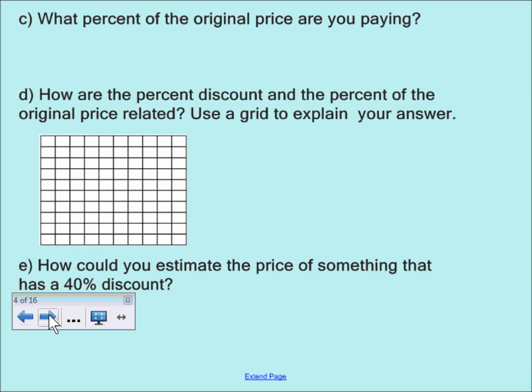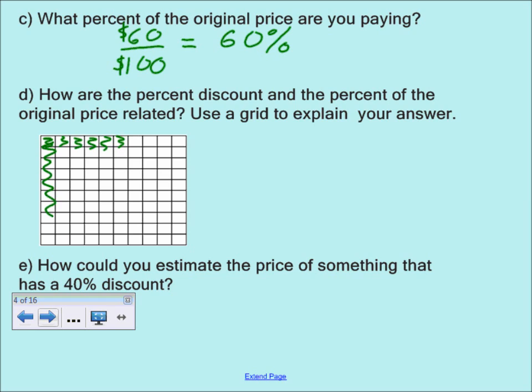What percent of the original price are you paying? You're paying 60, so 60 of 100, because this is dollars and this is dollars, equals 60%. So we are paying 60% of the original price. How are the percent discounts and the percent of the original price related? Use a grid to explain your answers. There are 1, 2, 3, 4, 5, 6 squares.